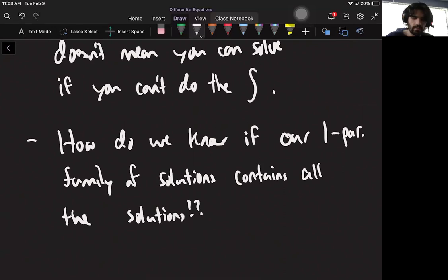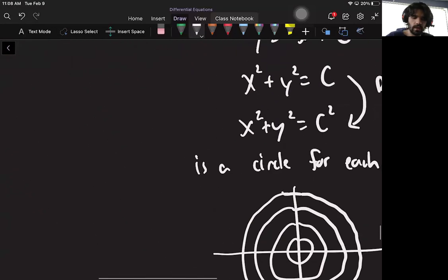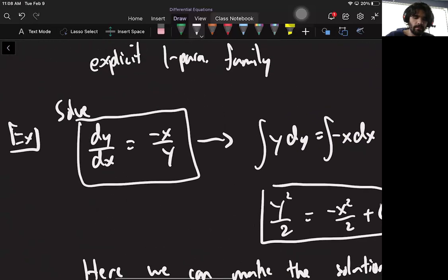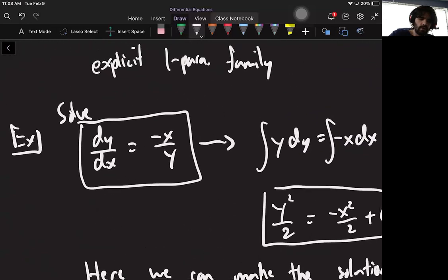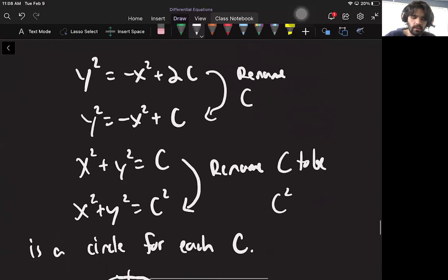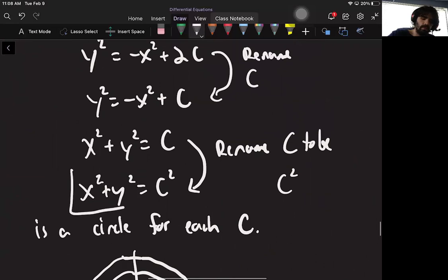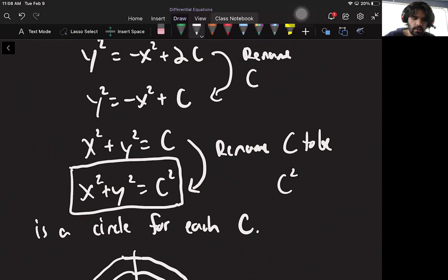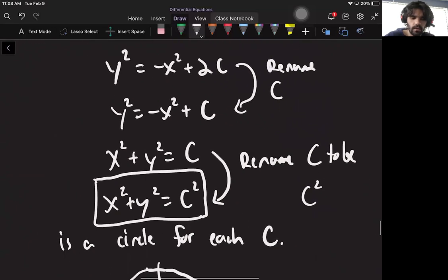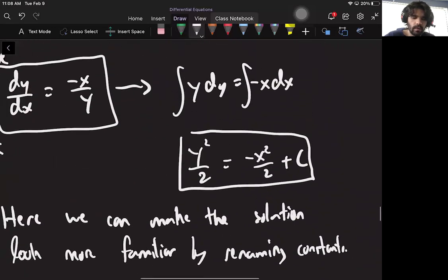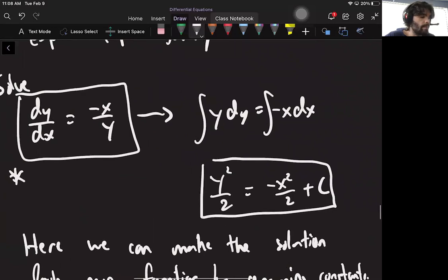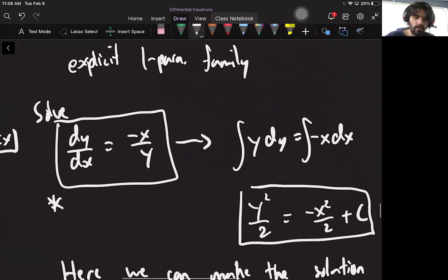So for example, going back up here for a second, if I give you this differential equation and you do this process, then you'll end up with this solution. But how do we know that those are the only solutions? What if there's other solutions that arise by doing some other method? So we don't know yet, so be aware of that question. It's a very important question.